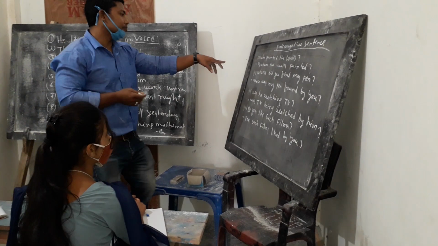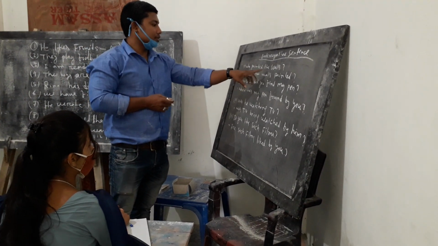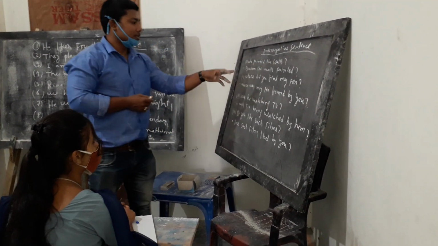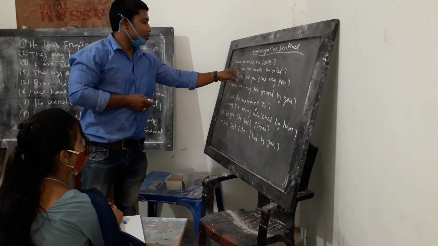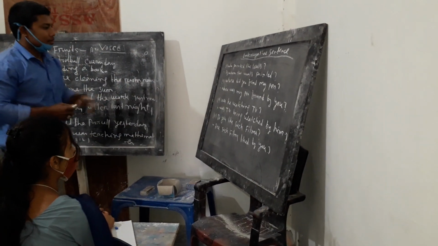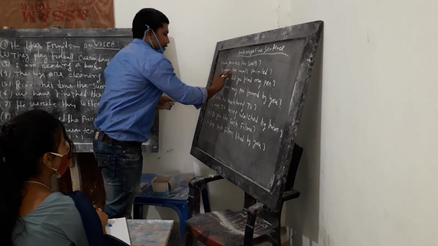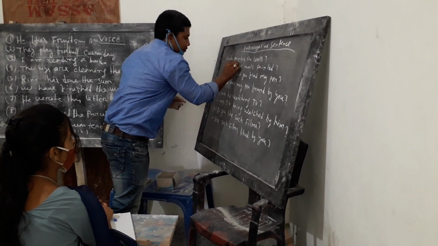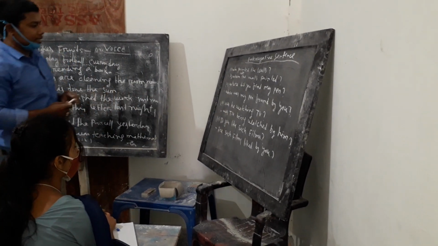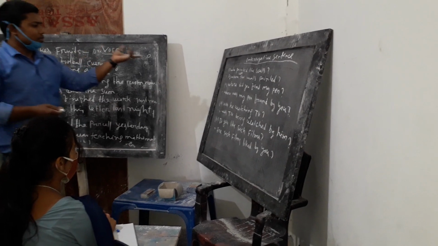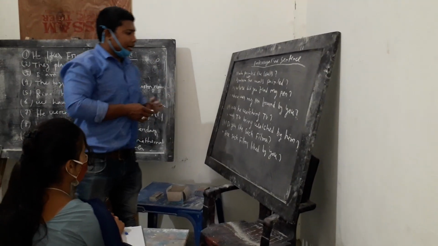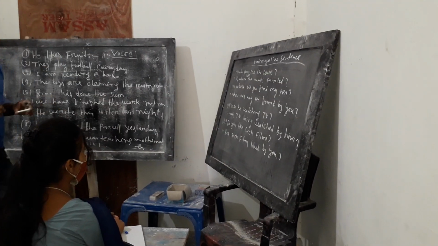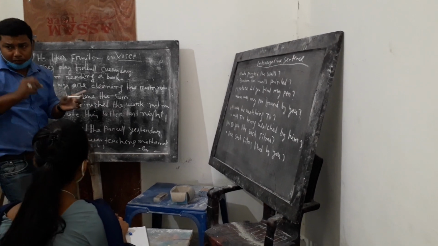So here we say by whom. Then we have to identify the object. What is the object here? The walls. By whom were the walls. Sorry, here we use were, because this is an example of simple past tense. In case of simple past tense, we have to use was or were.